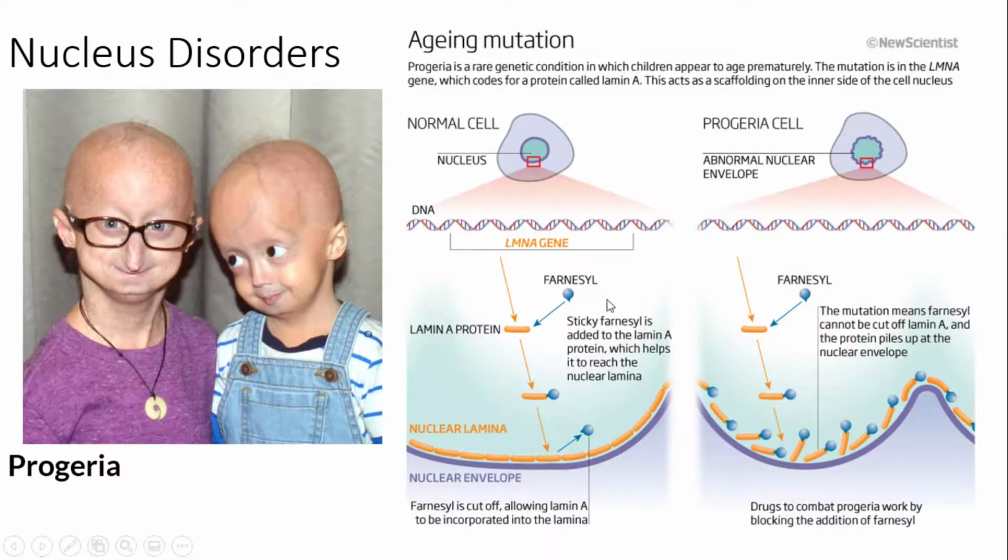And there's an issue with this protein, farnesyl, getting attached or getting stuck, and either it's going to be a nice double membrane or it's going to get messed up because farnesyl can't get detached.